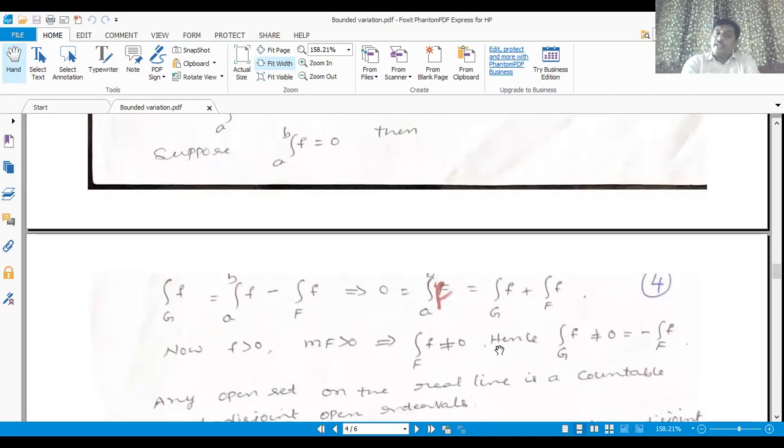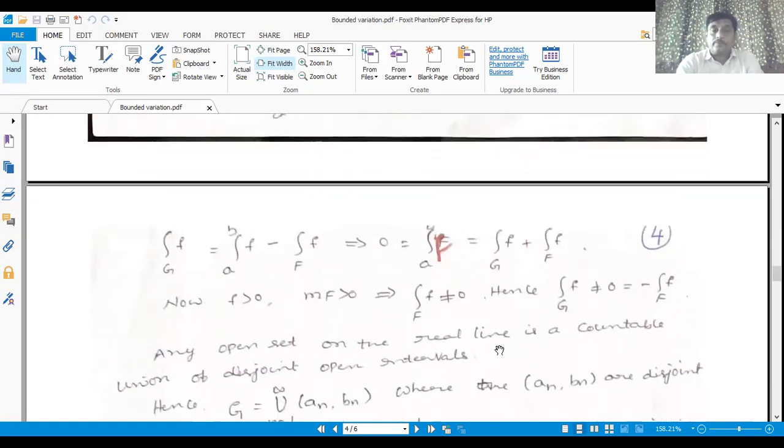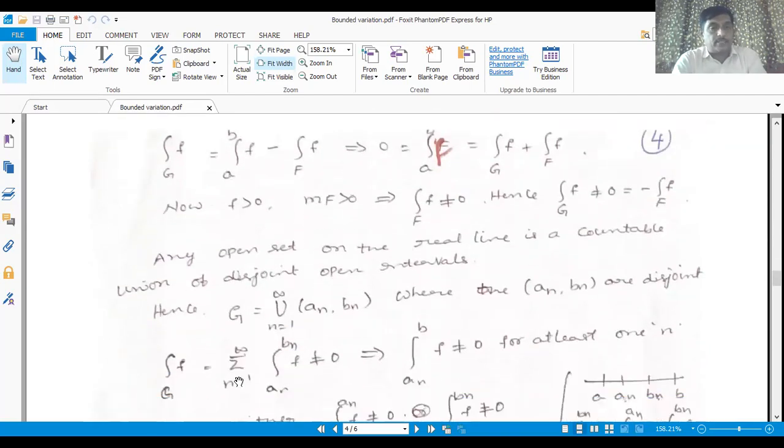Any open set on the real line can be written as a countable union of disjoint open intervals. Here we can treat this as the real line, because for the open interval (a, b) it can definitely be written as a countable union of disjoint open intervals.